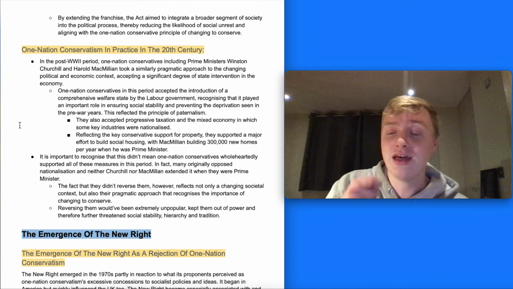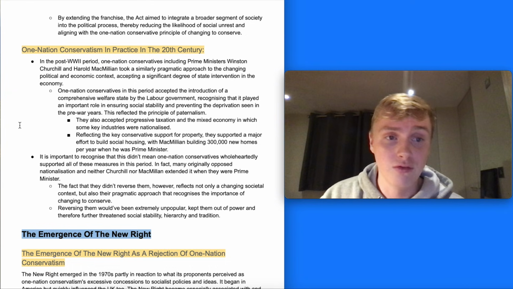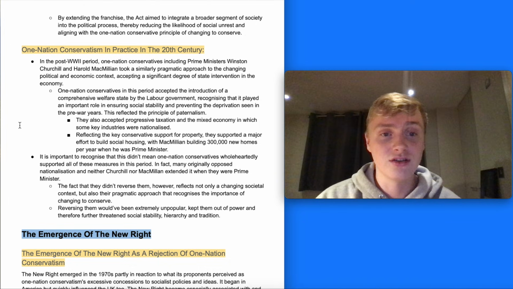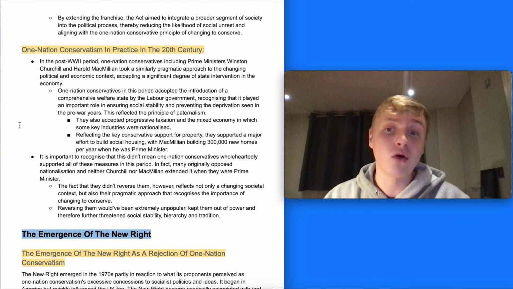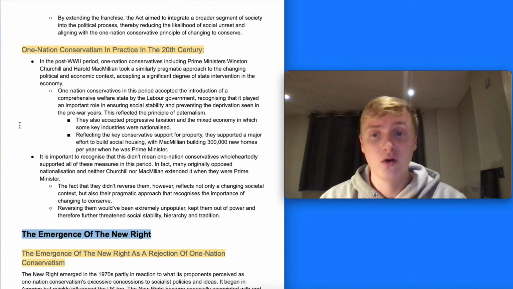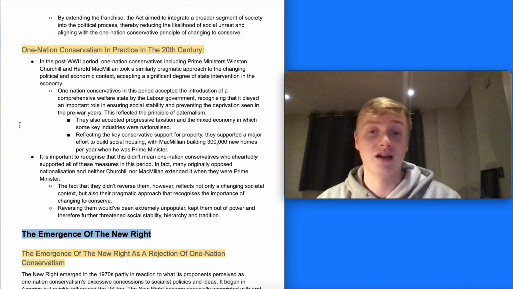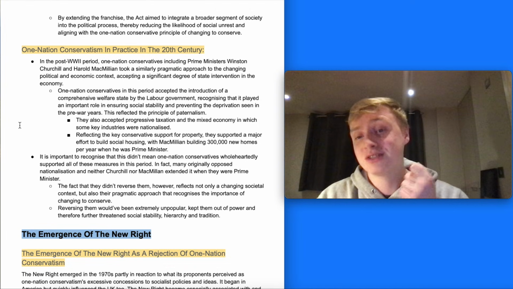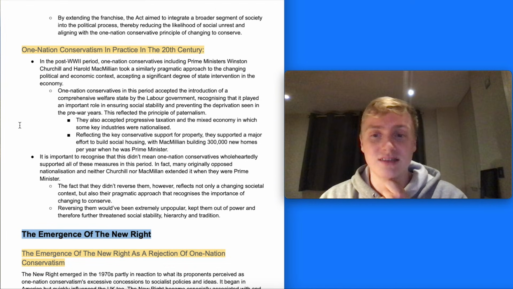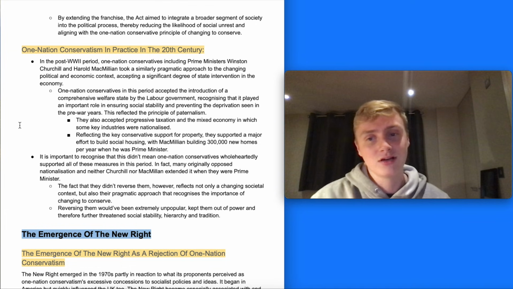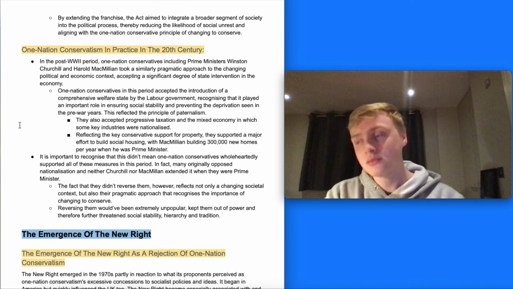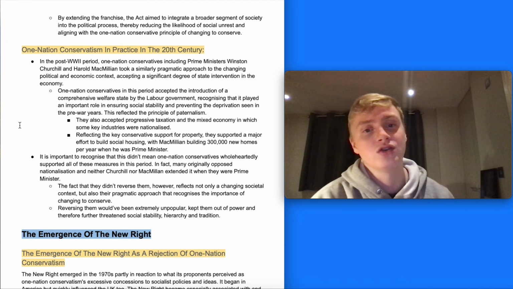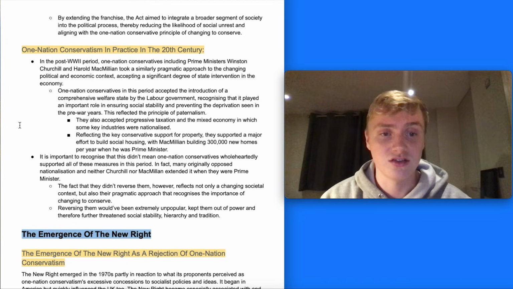And then therefore they accepted some of these reforms, so the mixed economy, comprehensive welfare state, nationalisation of key industries, because it was ultimately the pragmatic thing to do, focusing on what works and focusing on what was going to keep the Conservative Party in power. And by being in power, they're able to protect tradition, right? They're able to protect these key principles, and if they took a much more radical approach, One Nation Conservative thought was that would provide more of a threat, because ultimately you wouldn't then be changing to conserve.